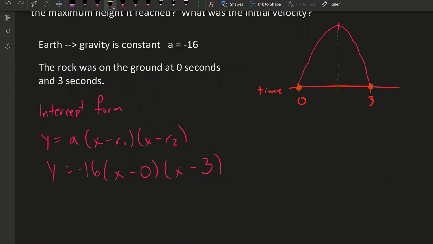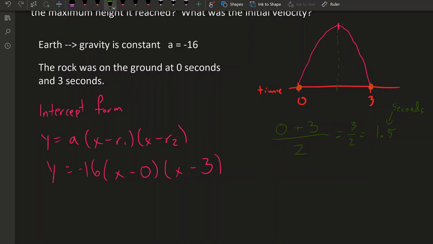But in a more complicated case, what we would do is take the average of the two roots. So we would say, okay, I've got 0, and then I'm going to add 3 to it, and then I'm going to take the average by dividing by 2. So I get 3 over 2, or 1.5. And this is seconds. So it's going to reach its highest point at 1.5 seconds.